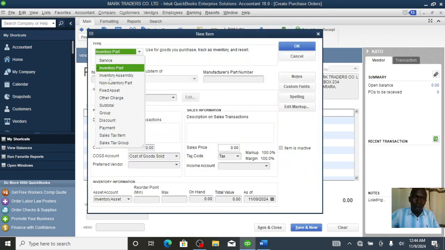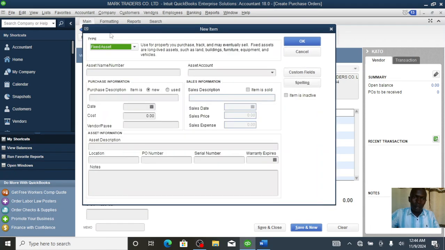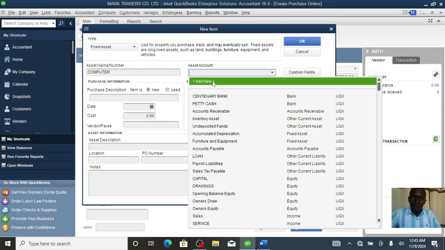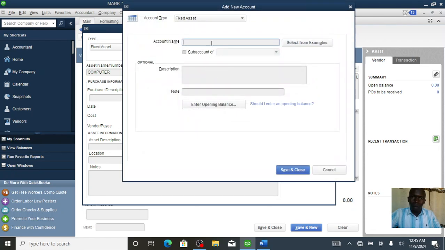It is under fixed assets because it was not inventory. It's computer asset account. We add, the name is computer. We save and close.